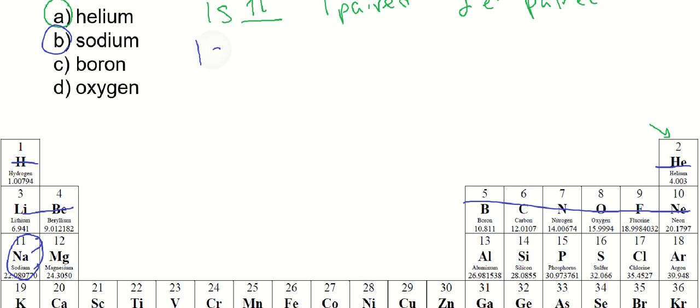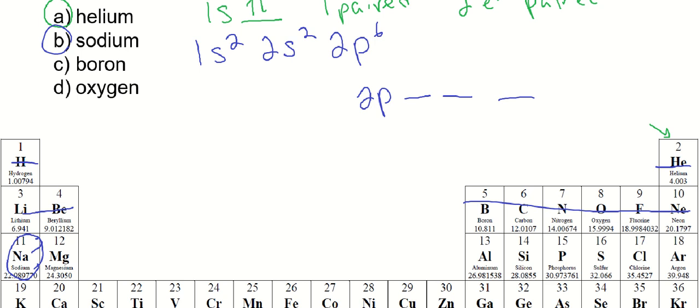Here, let's just do it. 1s2, that's a pair of electrons. 2s2, that's another pair. 2p6. Now the 2p sublevel has 3 p's, and they're full. So that's 3 more pairs. And then it's a 3s1. That's the valence electron. That can't be paired because it's just solo.